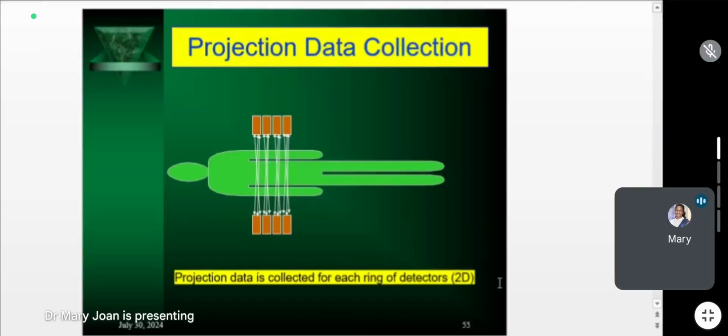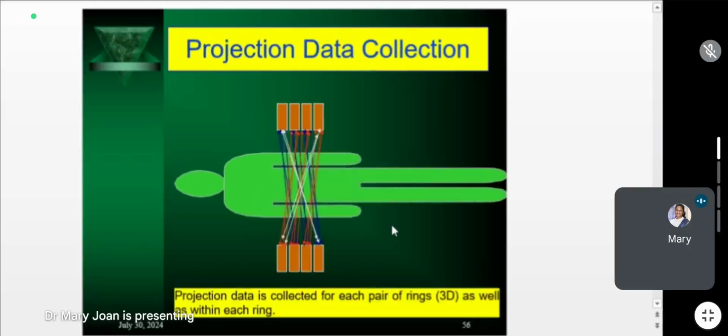So all the projection data is collected, all the annihilation events which are taking place and which are captured by the detector pairs, and these detector pairs are part of the detector ring, which is part of the gantry of the PET scanner.